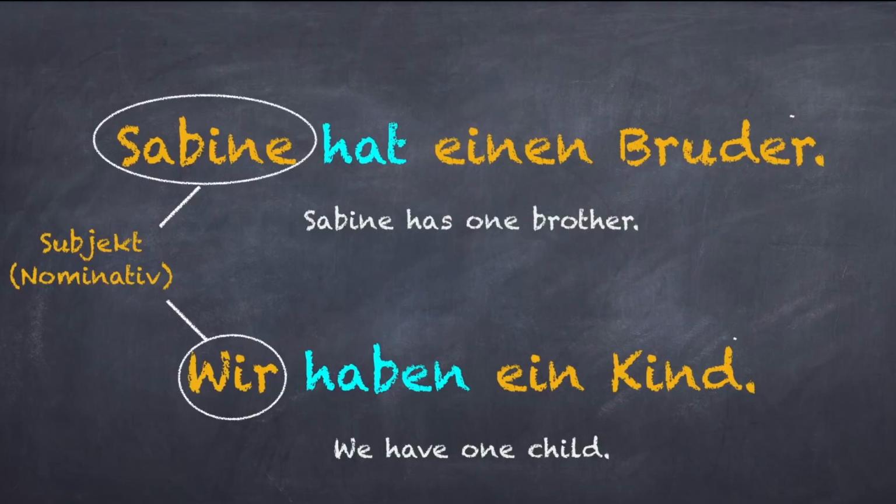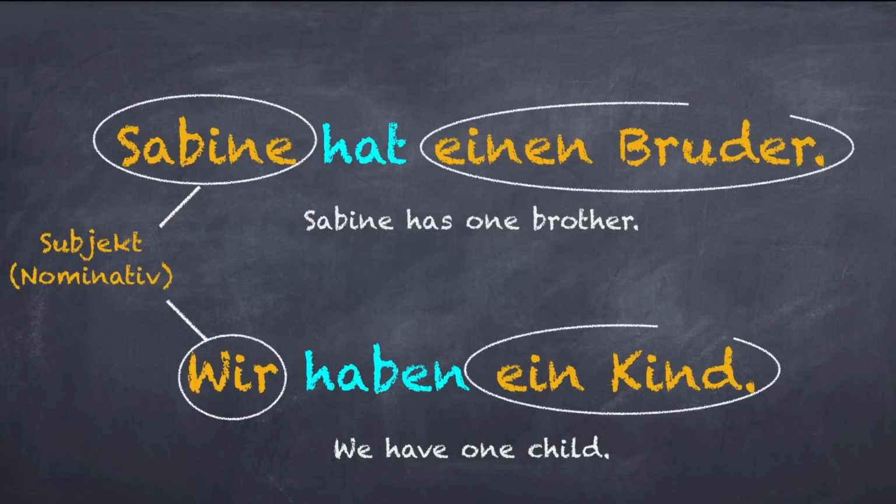In some sentences, there is also an object, like in these two. In the first sentence, the object is einen Bruder, and in the second sentence, ein Kind. This object is known as the accusative object, or you can say this object is in accusative.